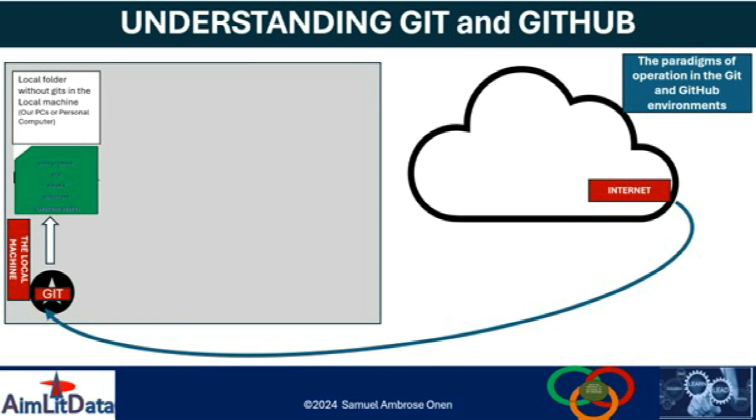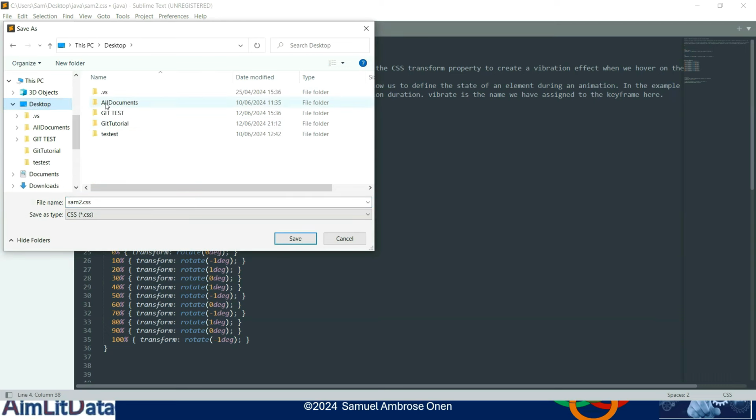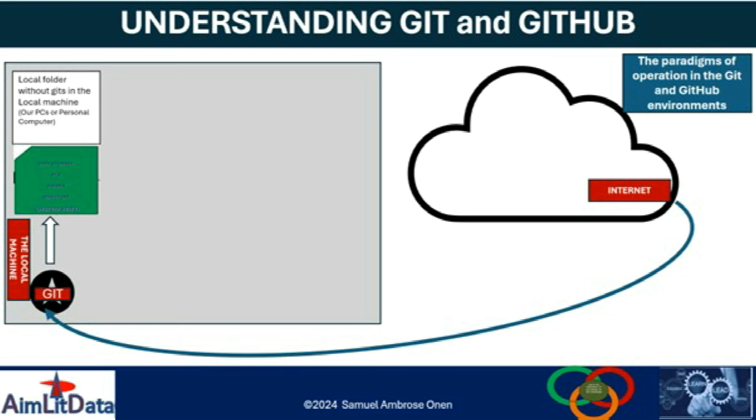That's why it's called sam.css. Now let us save this file. Save as desktop, Git tutorial. I have this CSS file. Save in the folder.